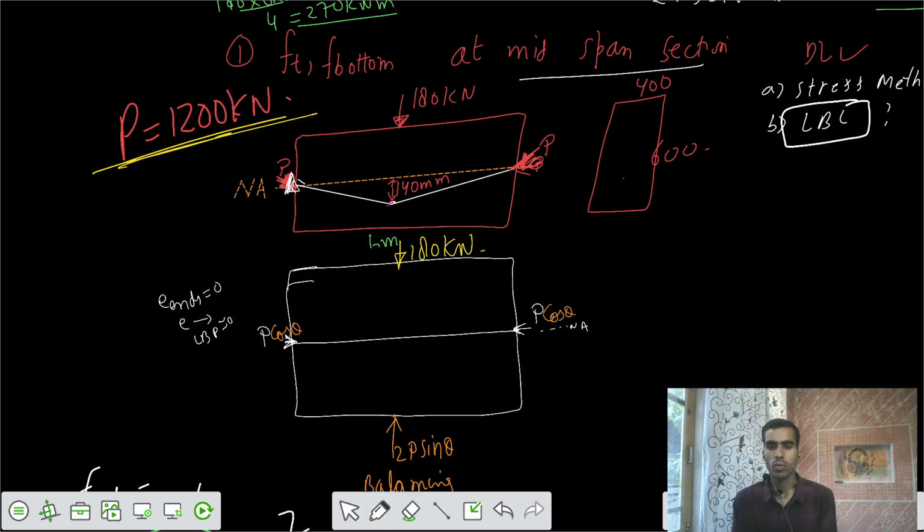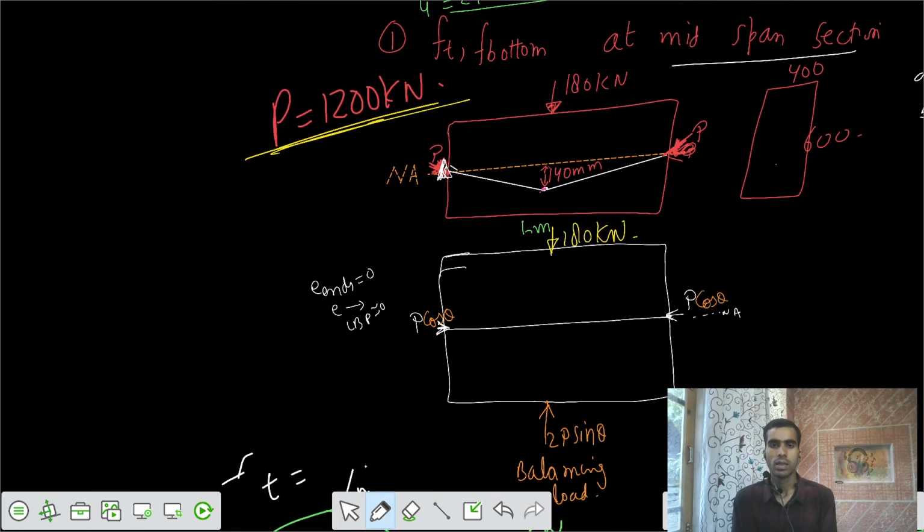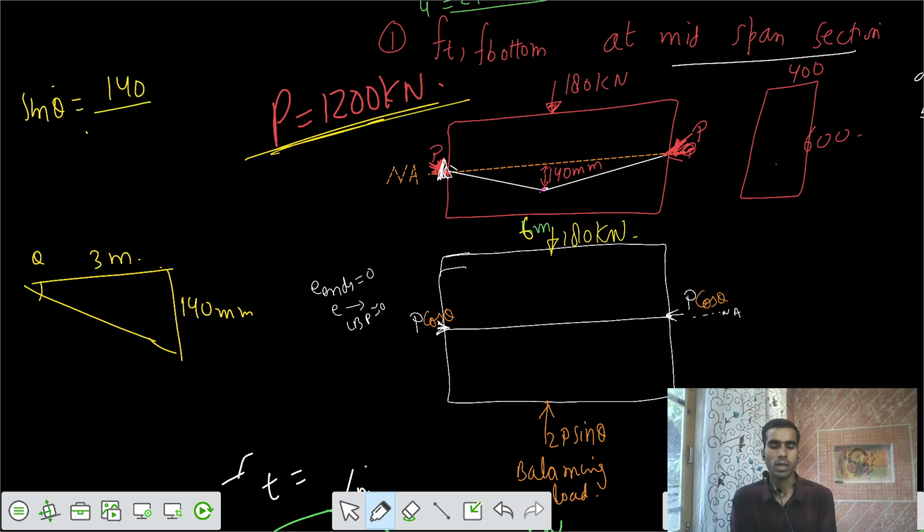Can you tell me what is the value of sine theta? If you have this triangle, this is theta, and we have this 140 millimeters. The total length of the beam is 6 meters, so this part is 3 meters. So sine theta is 140 divided by the square root of 3 meters squared plus 0.140 squared.